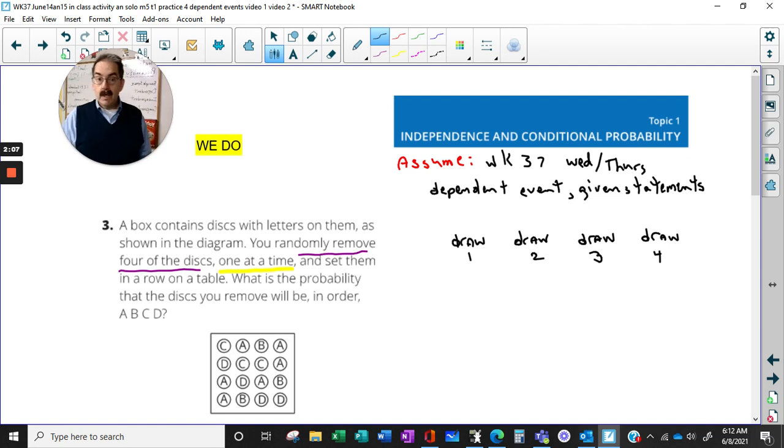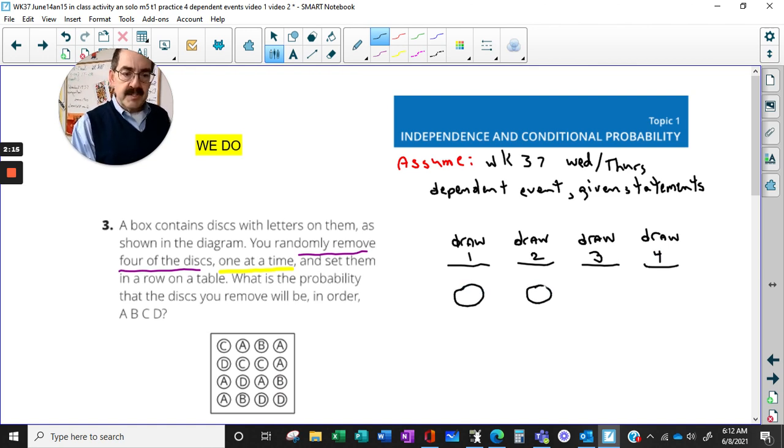There it is. I'm understanding that we're going to draw 4. So we got a disc, we got a disc, we got a disc, and we got a disc. Now, they want given statements in order. So, it has to be an A.